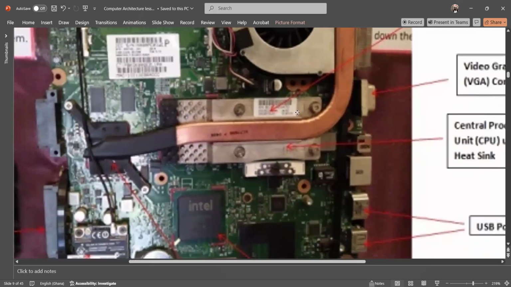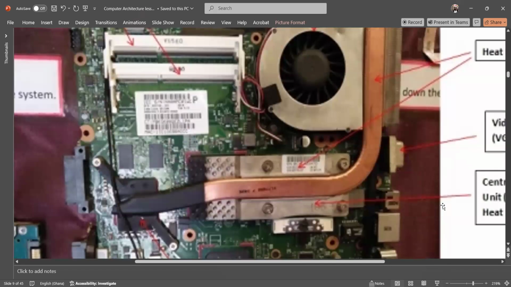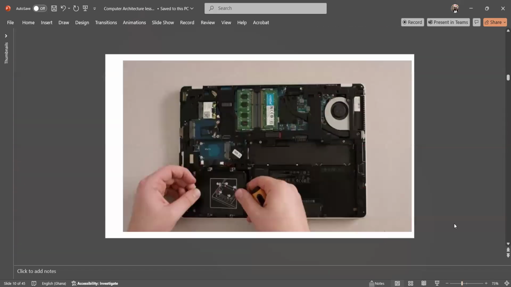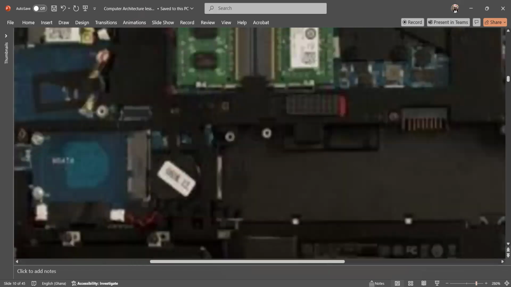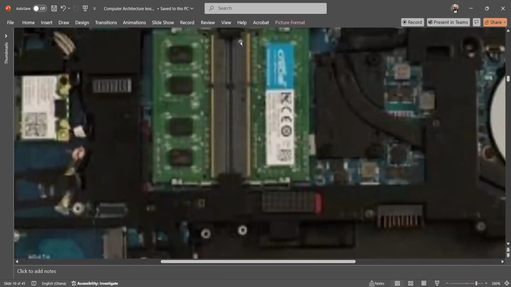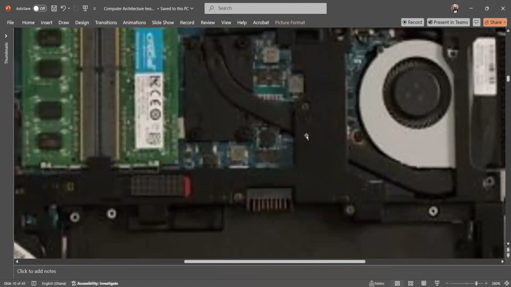So here is a cross section of a device that has been opened for us. Another example of a cross section of a device that has been opened for us is this. Again, over here, I have my RAM slots. So I have one RAM here, one RAM here. Over here, I have my fan, and we can see the metal rod.